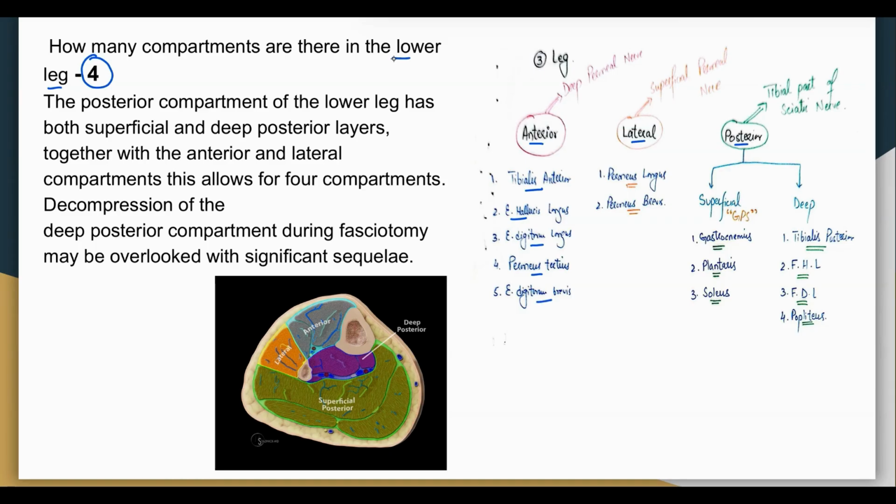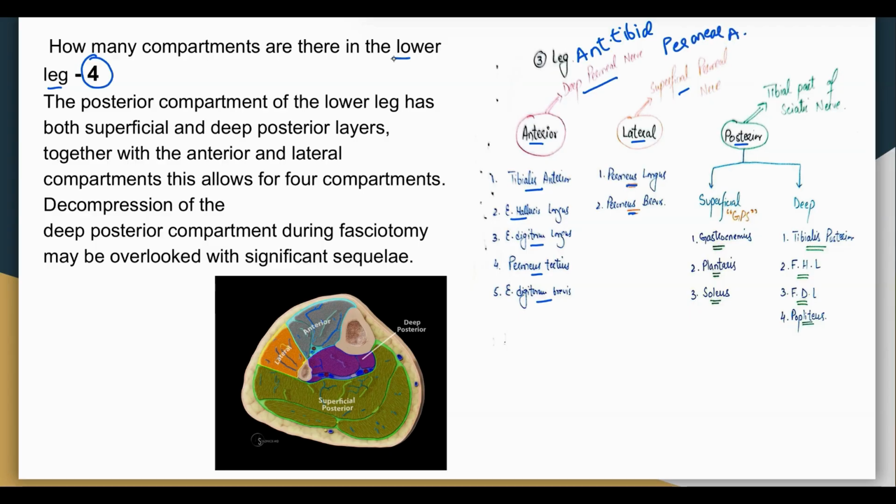This is supplied by the deep peroneal nerve, and the blood supply is from the anterior tibial artery. The lateral compartment contains peroneus longus and brevis, and it is supplied by the superficial peroneal nerve, and the blood supply is by the peroneal artery.